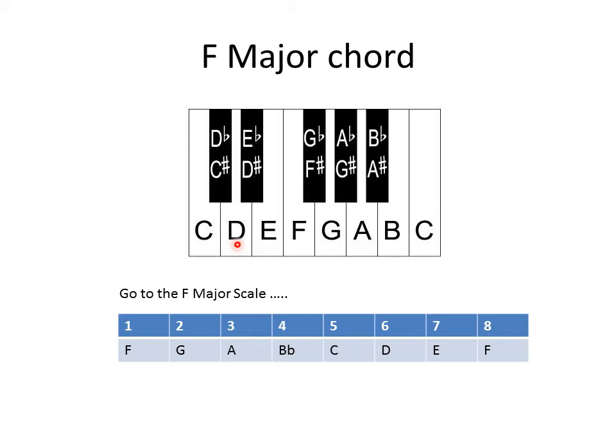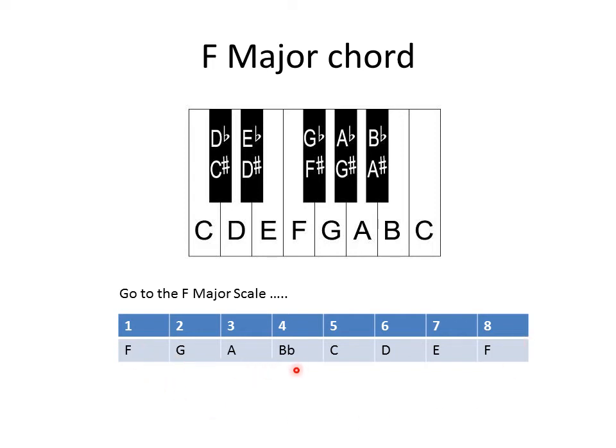So that's why D is in number 6. Then I'm going to go another whole step up to 7. D up to E is a whole step. Now here's where my half step is again between 7 and 8. And I've got F in 8, which is good because I wanted 1 and 8 to be the same note.